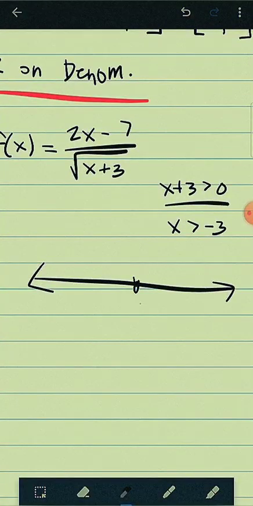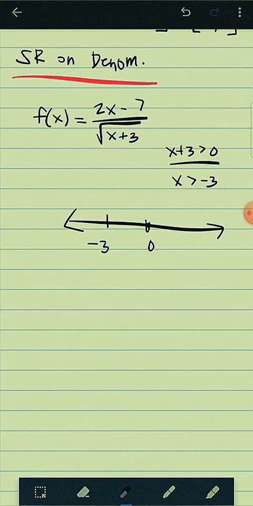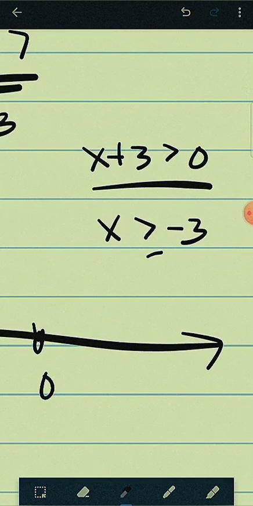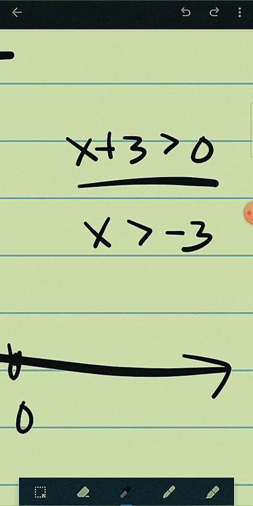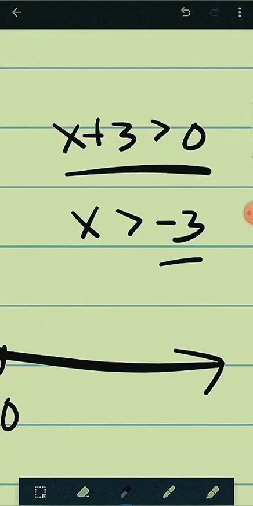So let's start with negative 3 on the number line. Is negative 3 included or not? Since there is no equal sign, it is not said that x should be greater than or equal to negative 3. Therefore, negative 3 is not included.